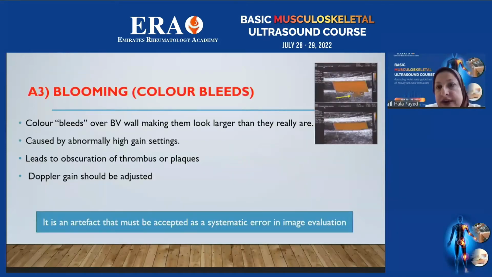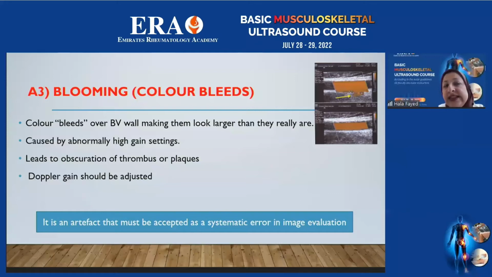The third artifact we'll speak about today is blooming. Another name for it is color bleed, as if the vessel is bleeding, as if the color is bleeding outside. If you don't know this artifact, you may say that this is a leak from the blood vessel. Color bleeding overlaps the blood vessel wall and makes it look larger than it really is.